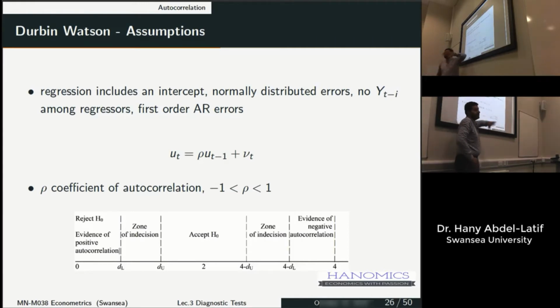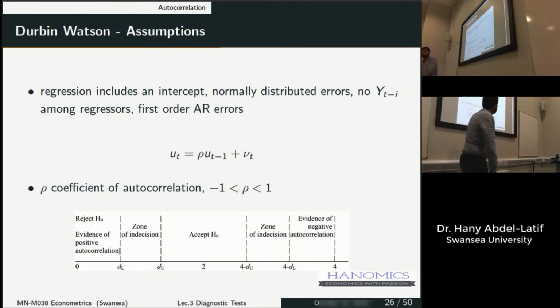If this coefficient is 0, there's no correlation between u t and u t minus 1. But if it's not 0, there's correlation, or autocorrelation. Autocorrelation means the error is correlated with itself.